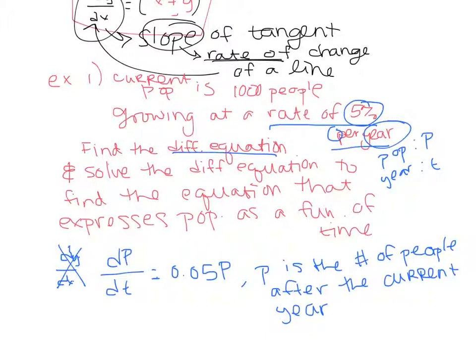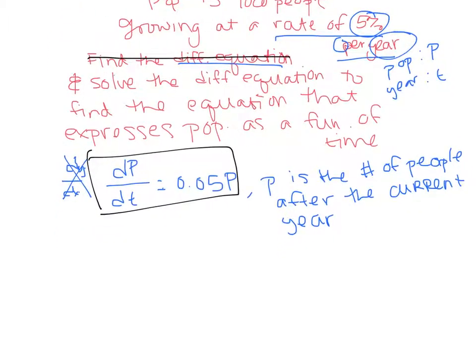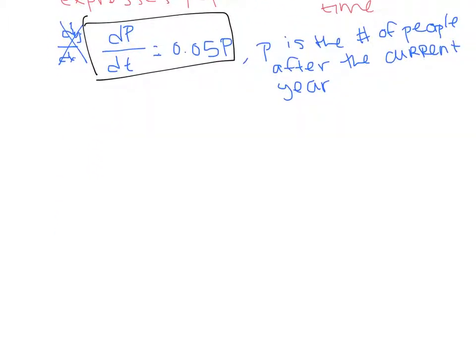So this is our differential equation. Okay, we found the differential equation, and now we're going to solve it. So let me just move this up so I can get a little bit more space. Okay, so when you're solving a differential equation, the first thing you want to do is separate the variables. So you want to move all the P's to one side and the t's to the other.